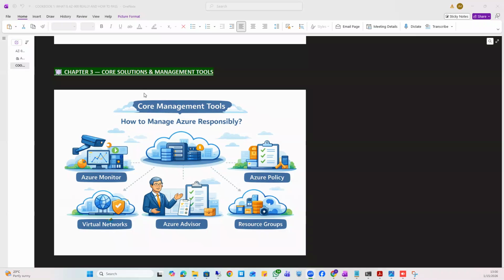Resource groups are basically folders for organizing your work. I'll give you an example. If a company is going to deploy different systems, for example, I'm not saying this is what happens, but I'm giving an example, let's look at Meta. The company Meta, they own WhatsApp, they own Facebook, they own Instagram. So these are three different applications.